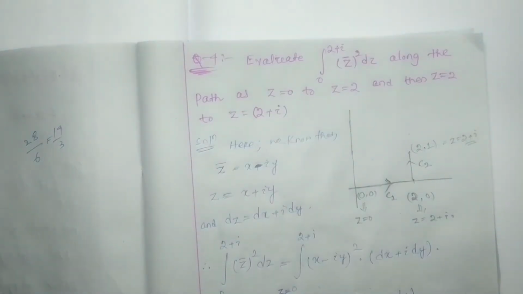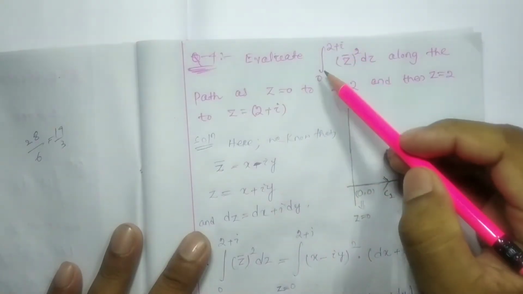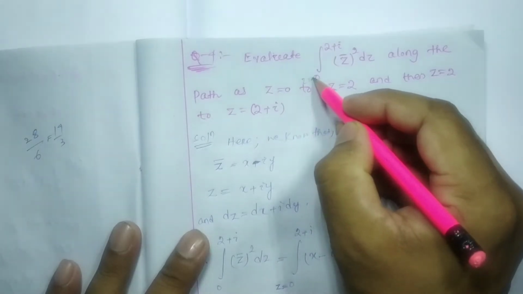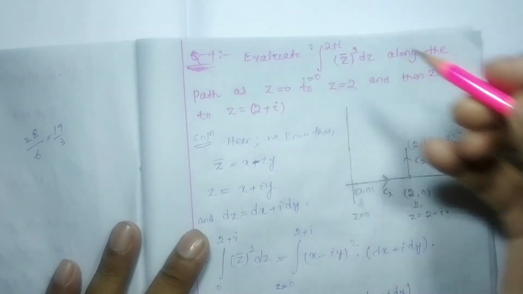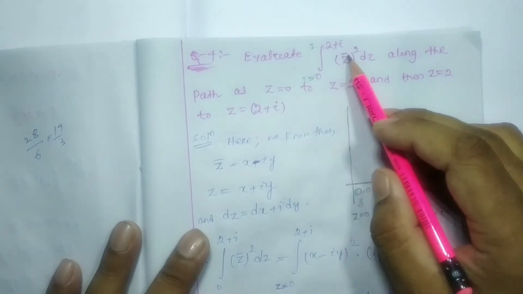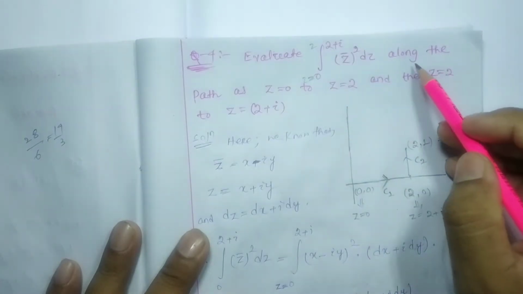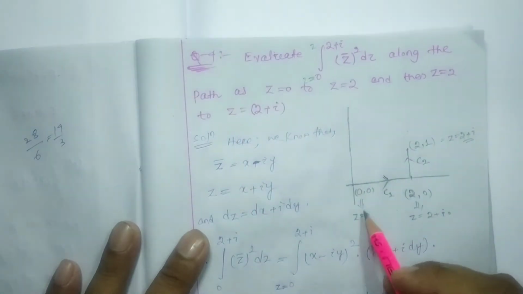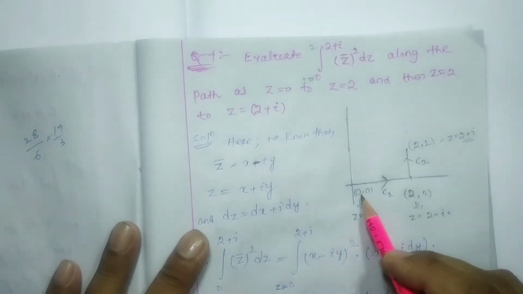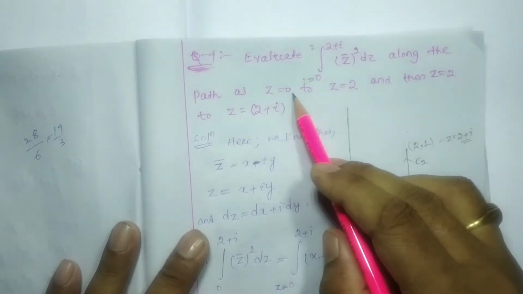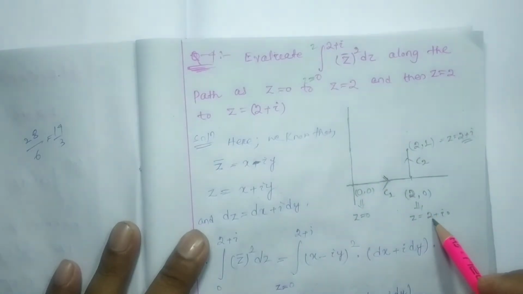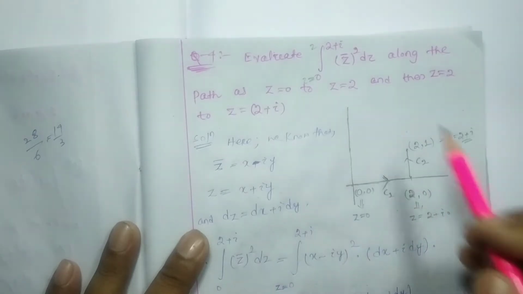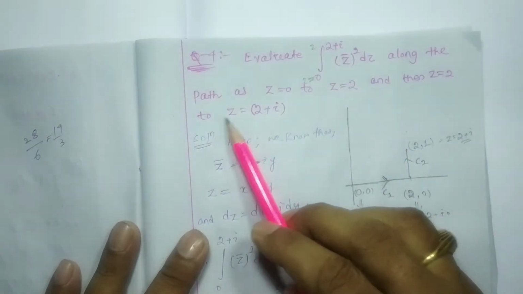The question is to evaluate the integration from z equal to 0 to z equal to 2 plus i of z bar square dz, along the path from z equal to 0 to z equal to 2, and then from z equal to 2 to z equal to 2 plus i.